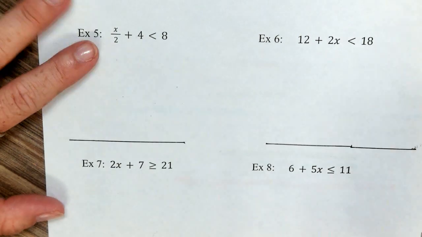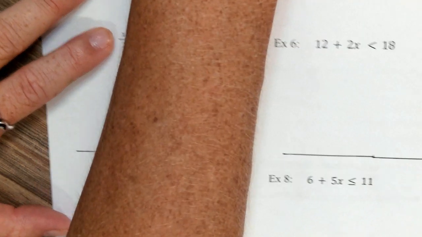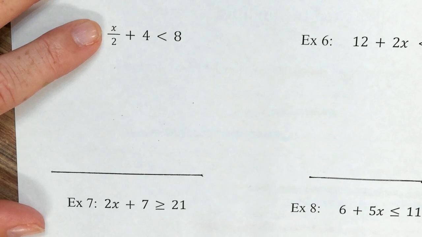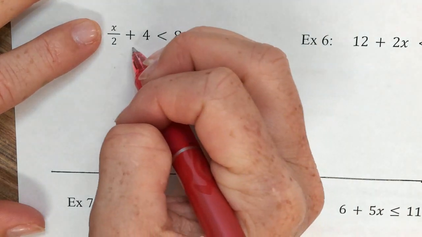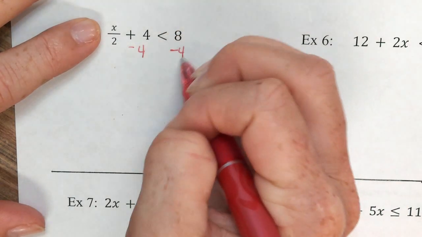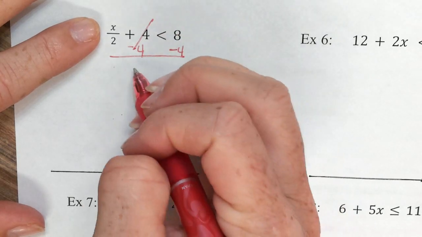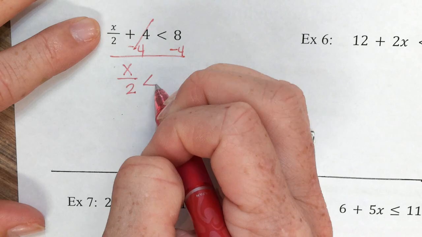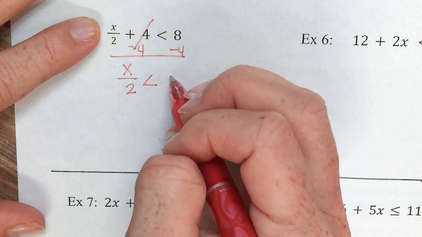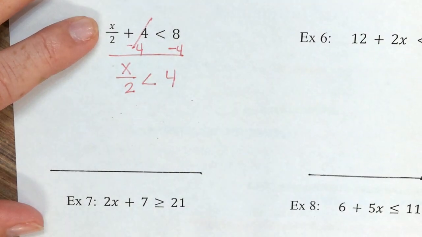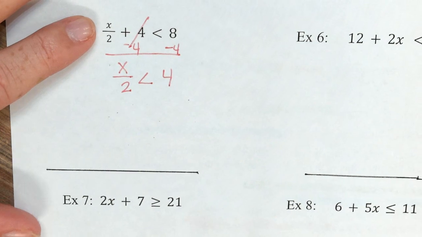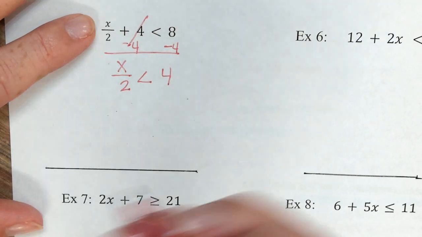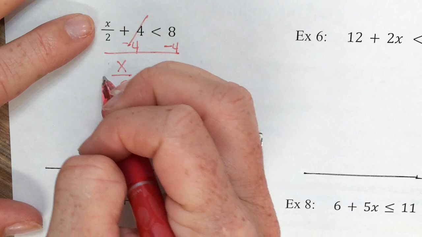Let's do this one. How do I get rid of the plus 4? Subtract 4. I now am left with x divided by 2 is less than 8 minus 4, which is? Was the coefficient negative? No. How do I get rid of divide by 2?